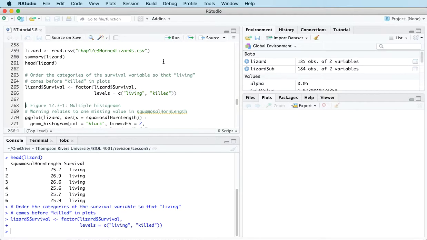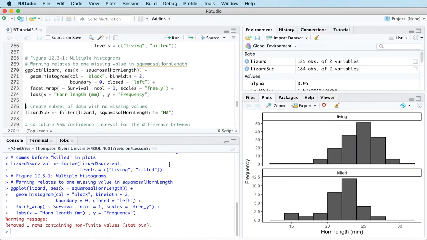So I'll do that, and then I'll create a couple of histograms so that we can see what the data look like. And we can see that the distribution of the horn lengths for the living lizards is kind of a little bit below 20 up to almost 30.